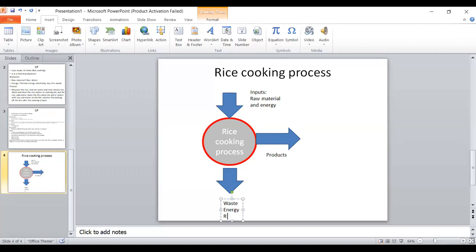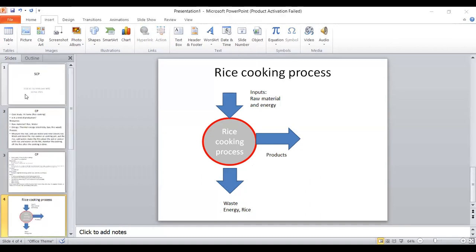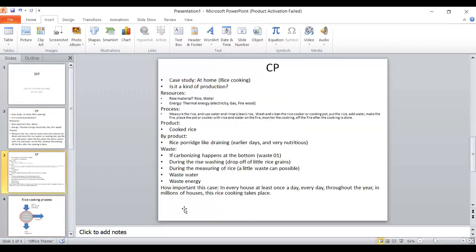You have waste of rice. Waste of energy and waste of rice. Third slide.